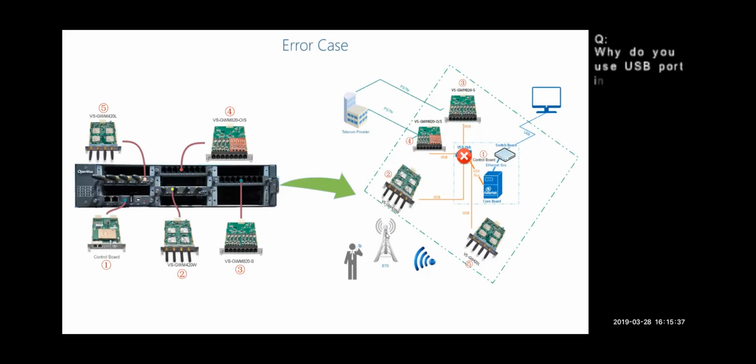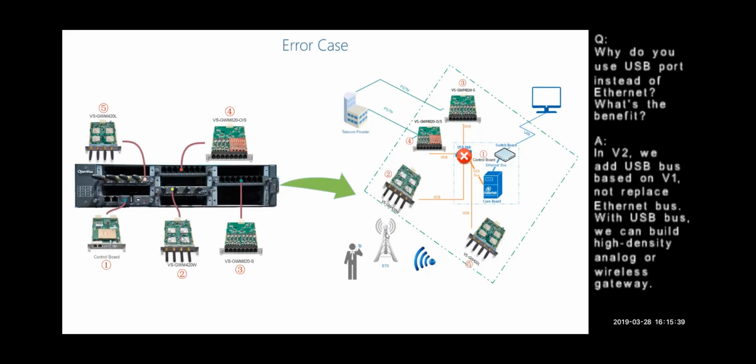About the first question, why do you use USB port instead of Ethernet? I think you have some misunderstanding about the V2 version. In our V2 generation 2, we add a USB bus based on the V1 version.